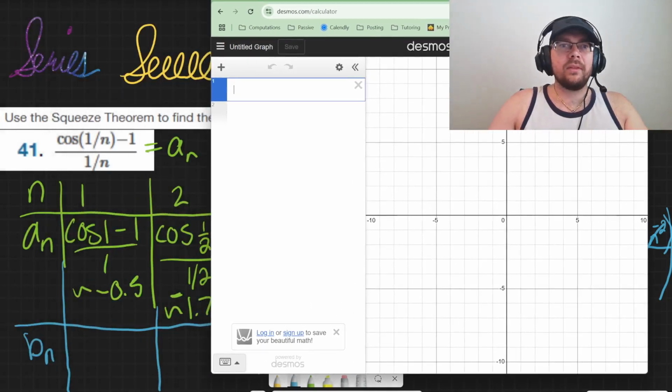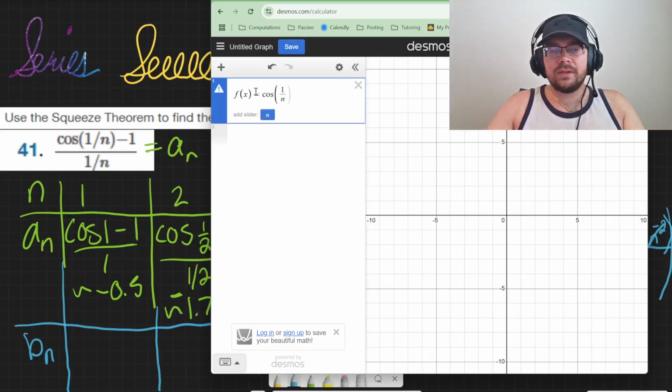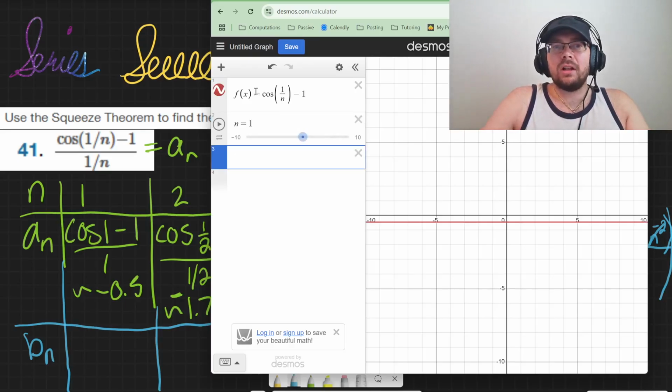Okay, so we'll have f be our regular function, then g and h be the above and below. So cosine of, and Desmos defaults to radians, so you don't have to worry about that unless you need degrees. Be careful, because it will default to radians every time you close it and open it up again. It won't save your settings because it's just a web page and you're not logged in.